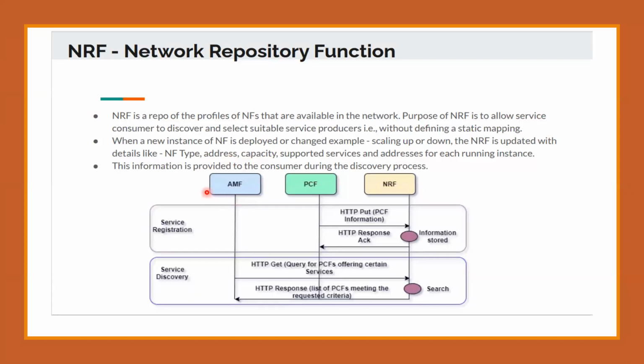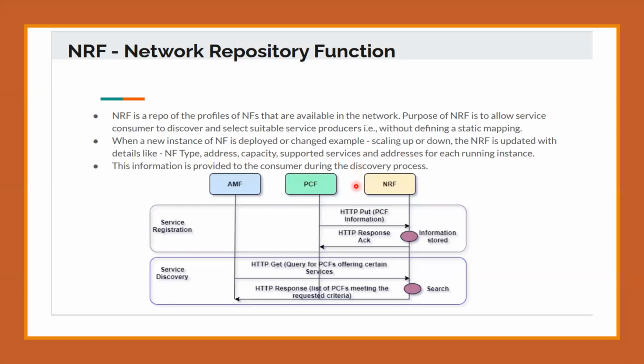So if any other network function needs to communicate with a second network function, it is not going to have a direct static mapping assigned. Previously we used to have that, okay, this MME is going to communicate with this SGW based on which tracking area it is, or this MME is going to communicate with a PGW based on the specific APN.